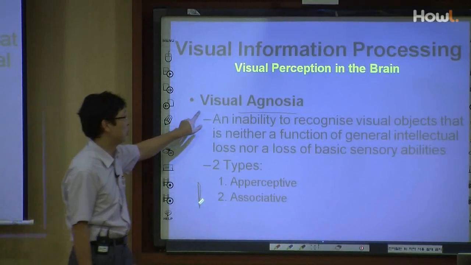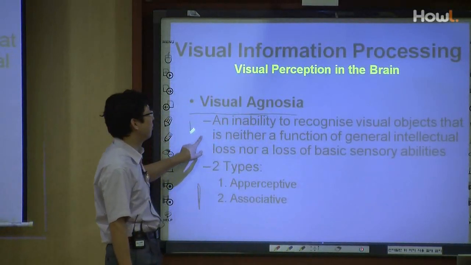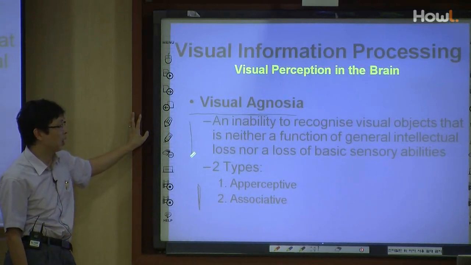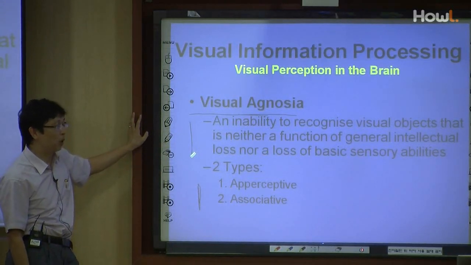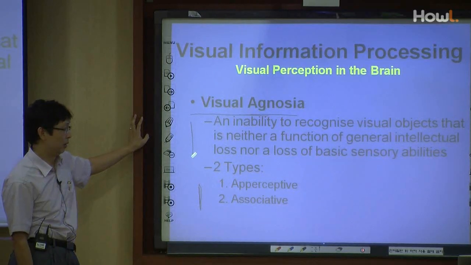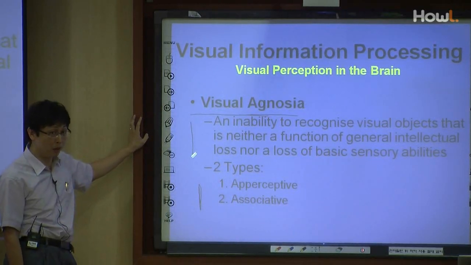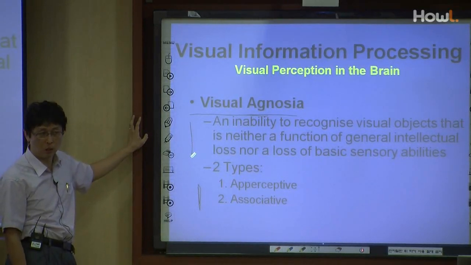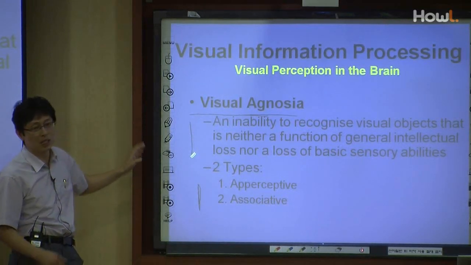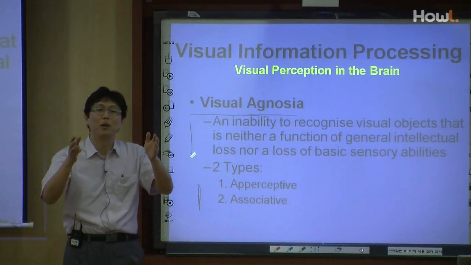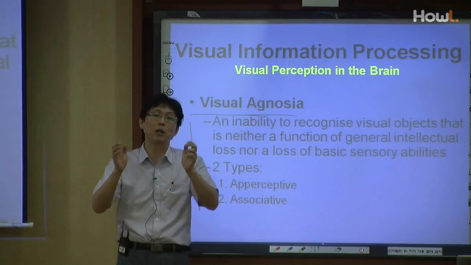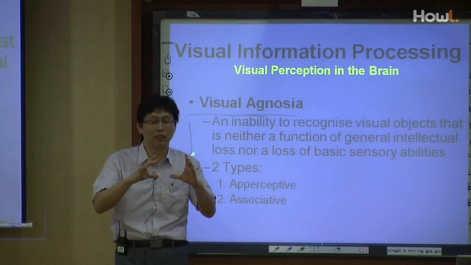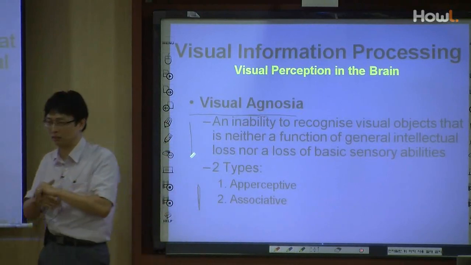People who have visual agnosia cannot recognize visual objects, even though they have perfect intelligence and perfect sensory perception, which means they can see what we see, but they cannot recognize it. They cannot recognize a rectangle as a rectangle, or a circle as a circle.